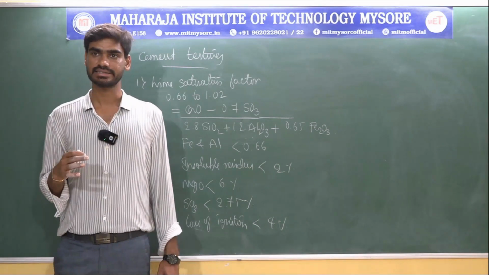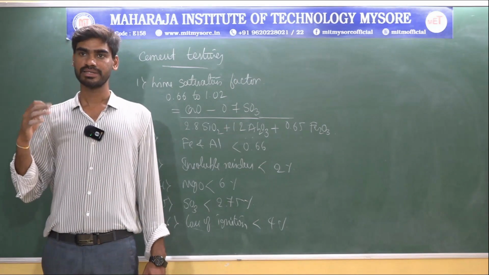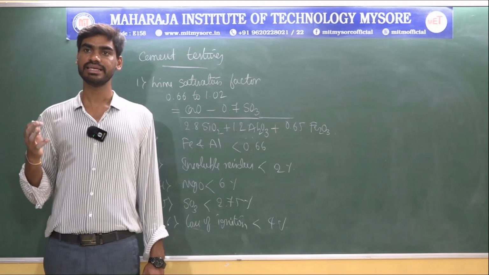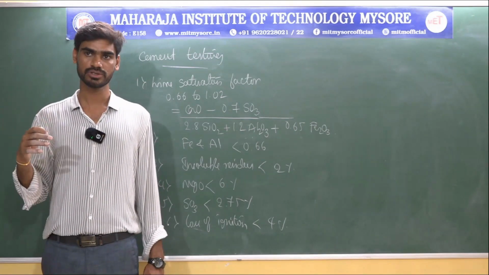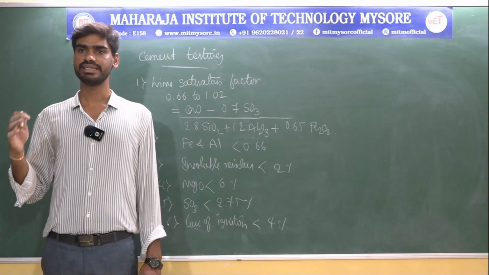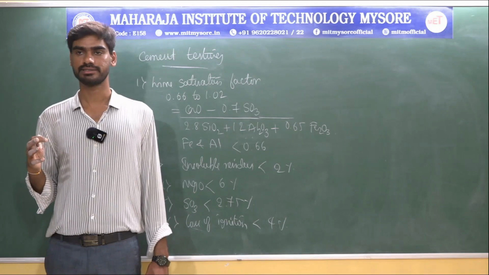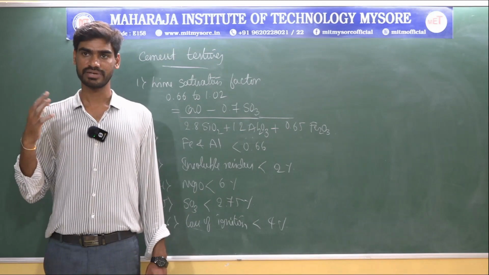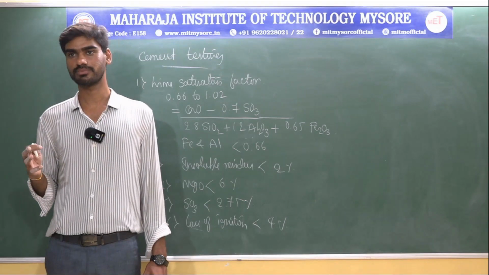When we come to the fineness, it is regulated by using the Blaine permeability method. The fineness of the cement should not be less than 215 meter square per kg.